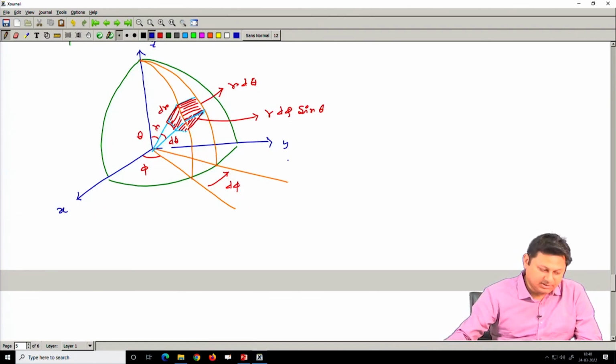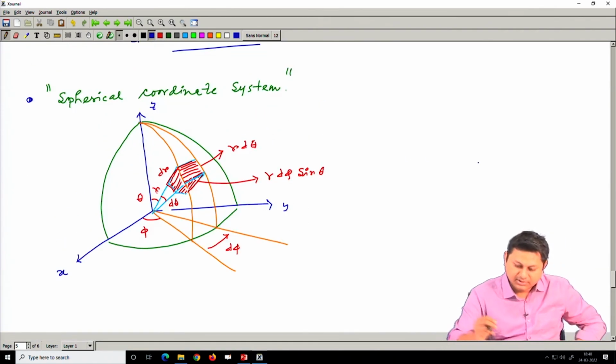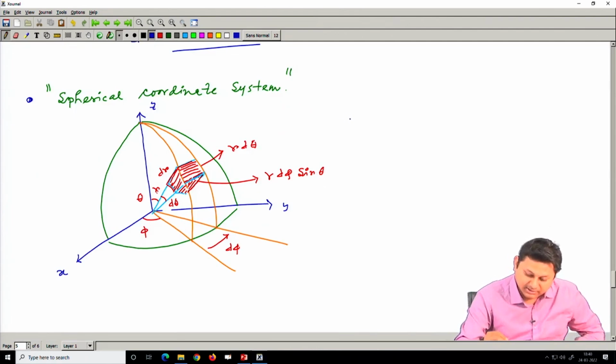So once we have this, it is easy. So first let us find out what is dl, the length element.